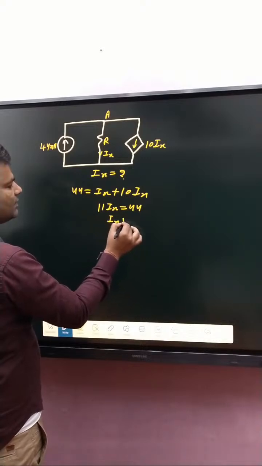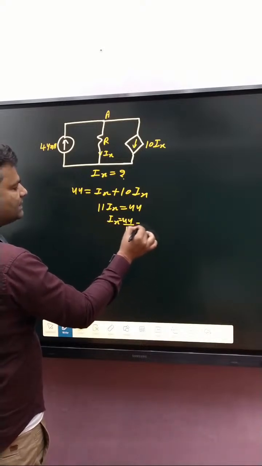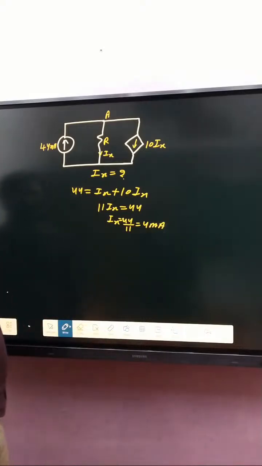Ix is simply 44 divided by 11, that is 4 milliampere. If anyone faced doubt, then tell me.